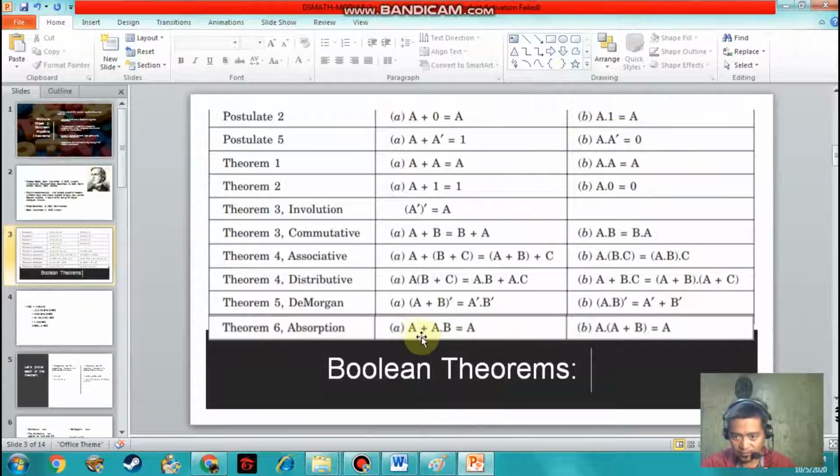1, umpisa natin sa 1. 1 plus 1 times 1. 1 then 1. Edi 1 to, or 1. Edi 1. Kung 0, 0 plus 0 times 0, wala na rin, no? So, A pa rin balik niya. So, ganun din dito.